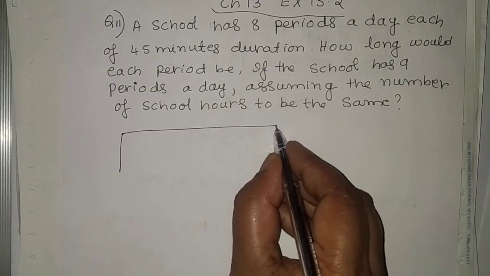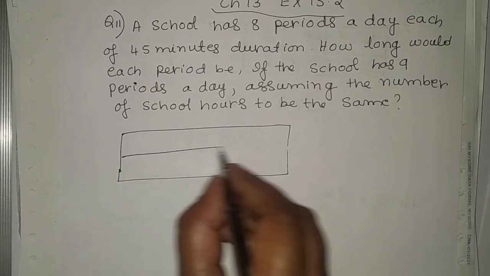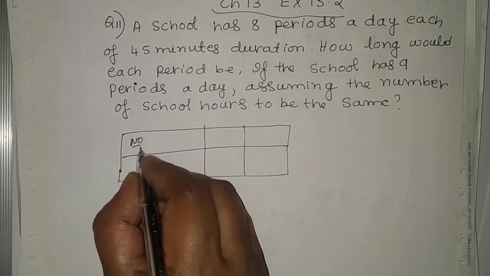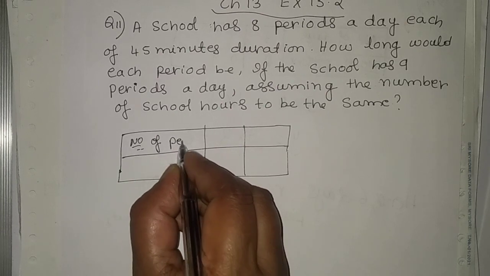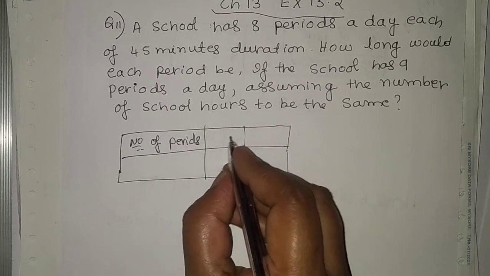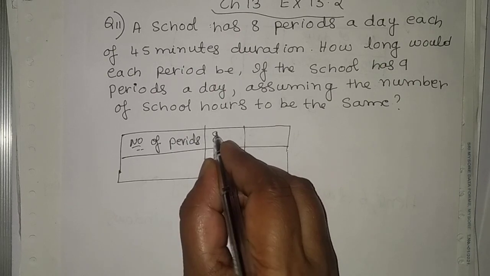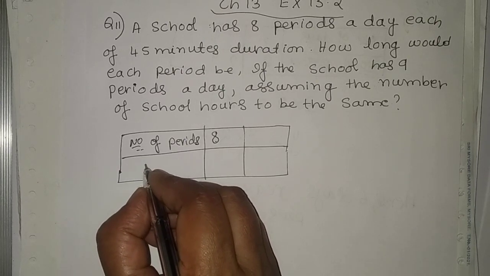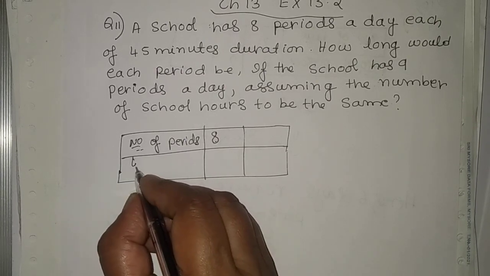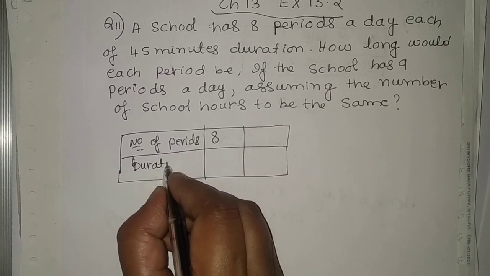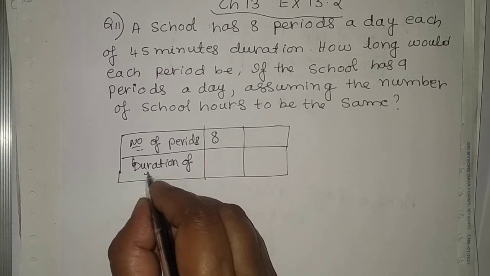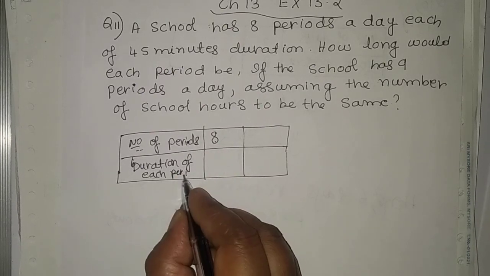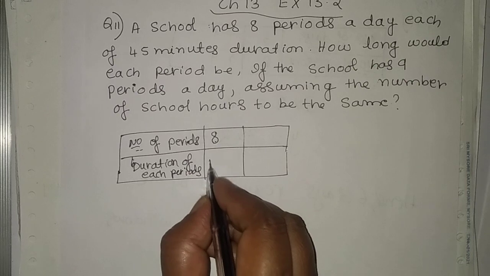So the number of periods here is 8, and the duration of each period is 45 minutes.